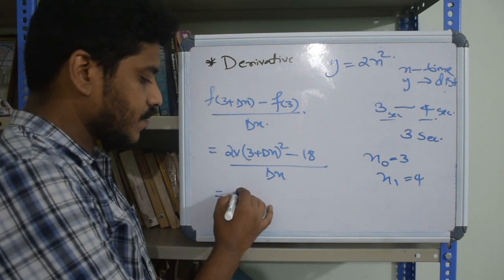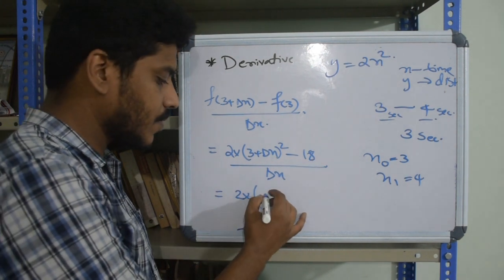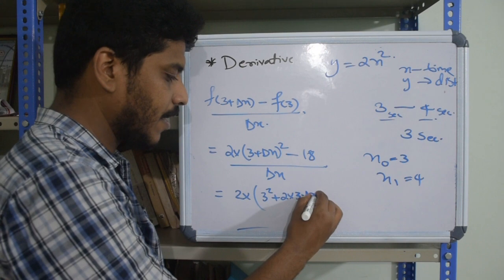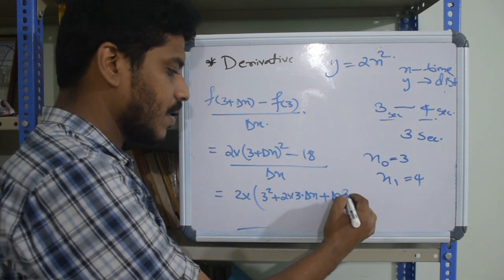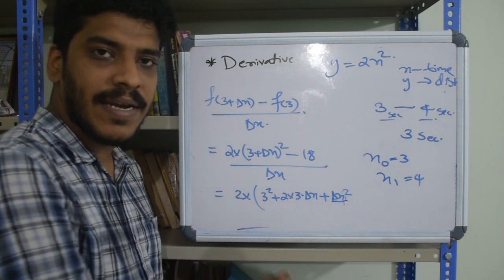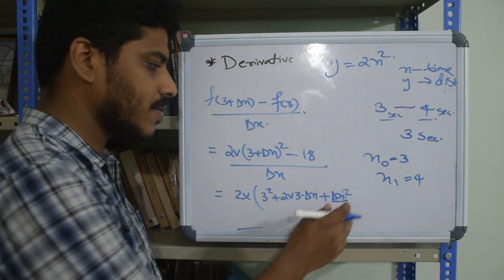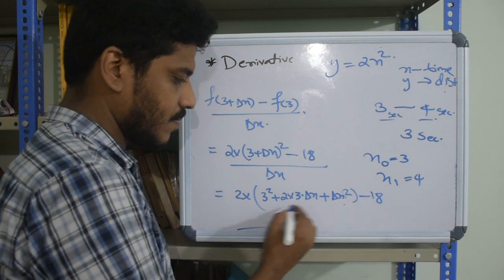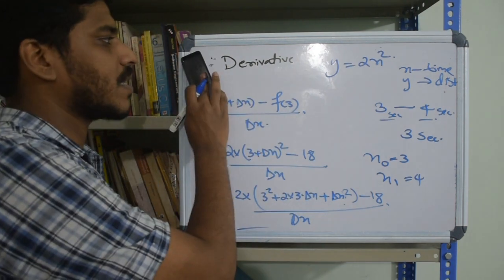So that implies 2 into, this is of the form a plus b whole squared, so a squared plus 2 into a into b plus b squared. See, when I write delta x square, delta x is actually a single term. Never confuse it as delta into x square. So delta x whole square, minus 18, divided by delta x.